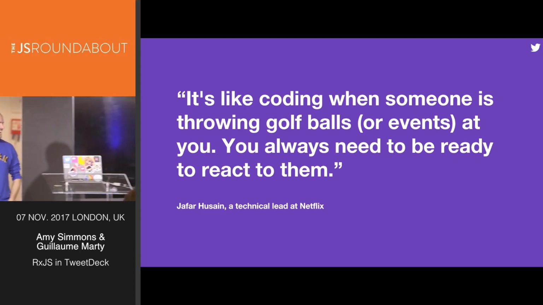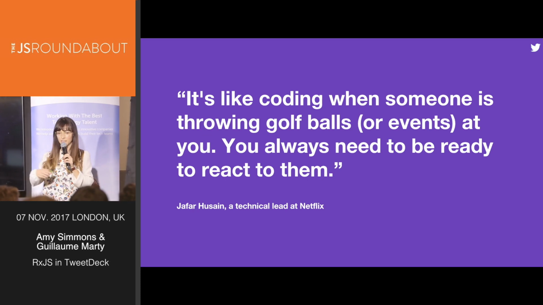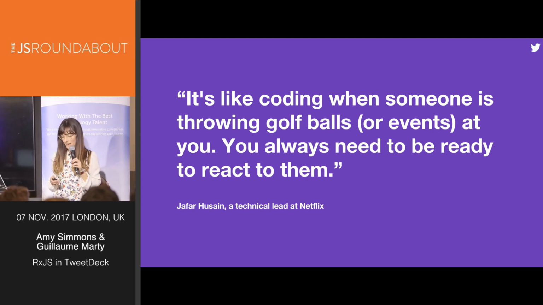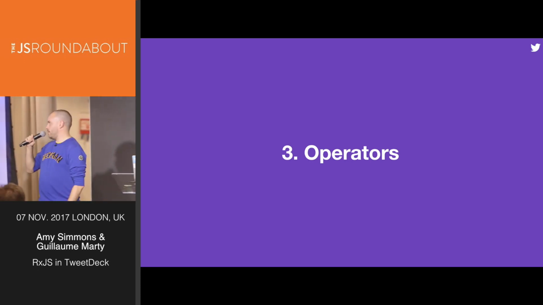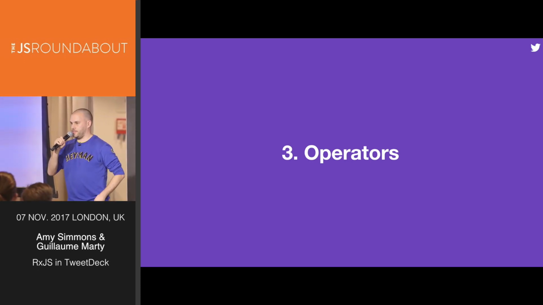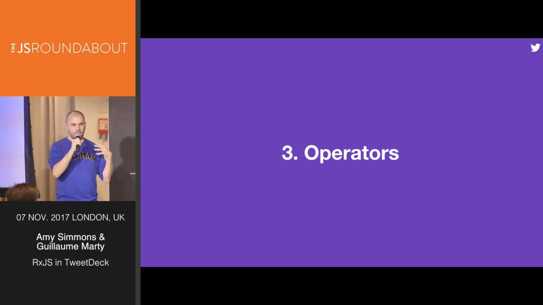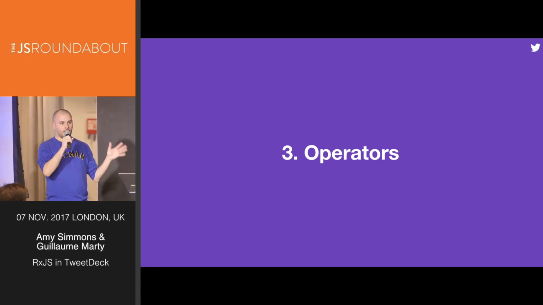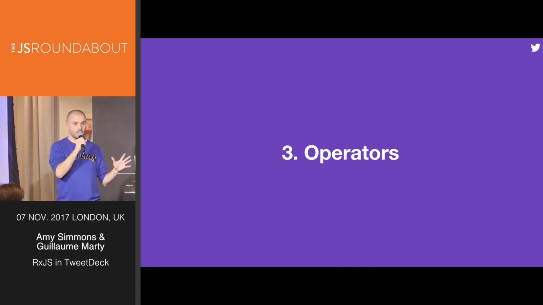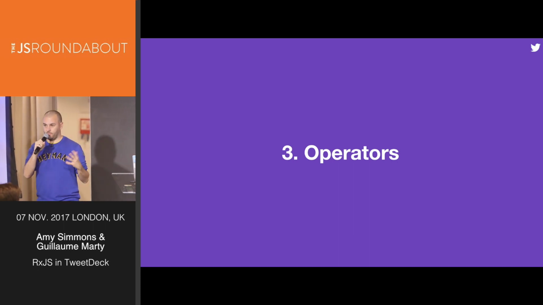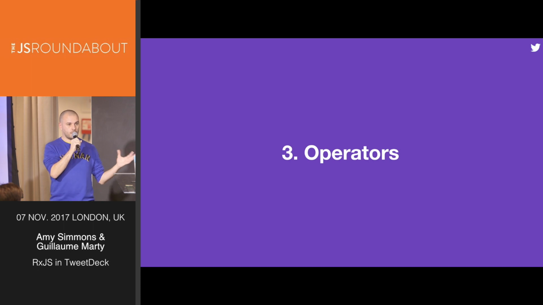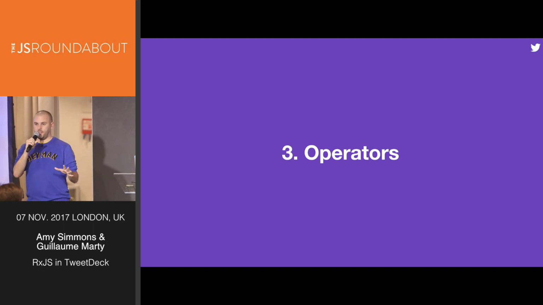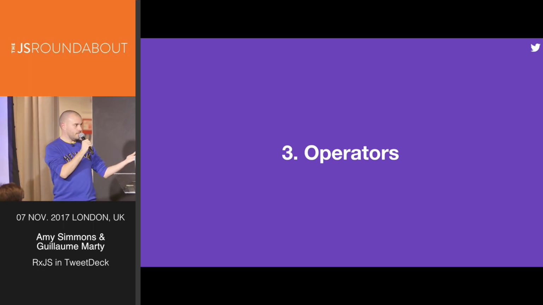Okay. So in this quote, the first part of it is talking about the observable, and the second part is talking about the observer. And the last concept that we only briefly touched on is the operators. I've read somewhere a phrase that really resonated with me: RxJS is actually Lodash for events. And when we think of it, it's really close to the truth because most of the operators are common to Lodash. So operators are things like we saw, map, distinctUntilChanged.